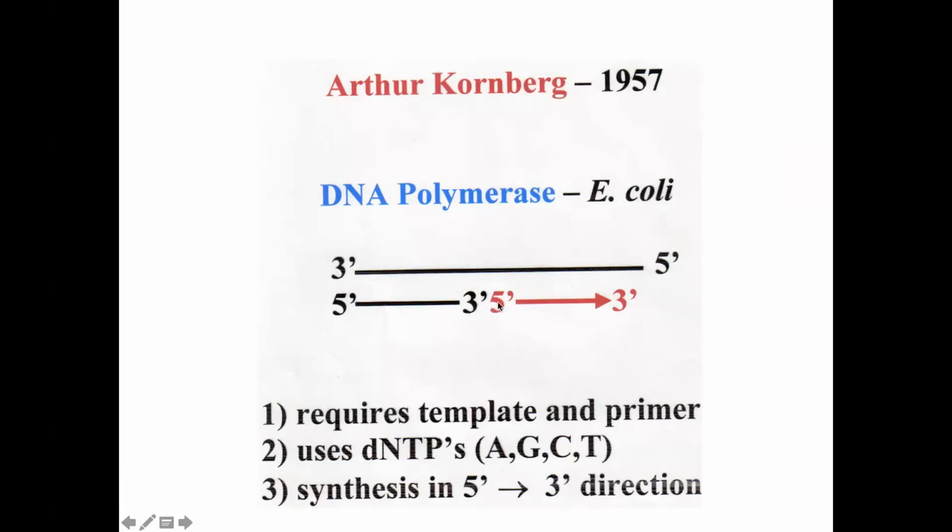What that means is that any newly synthesized DNA created off of that primer is always growing in one direction only, always in a 5' to 3' direction. I emphasize that down here: synthesis of new DNA by DNA polymerases always occurs in one direction only, always 5' to 3'. And that means the enzyme always reads the template strand in the opposite orientation, always 3' to 5'.